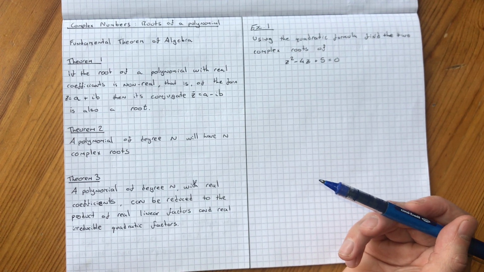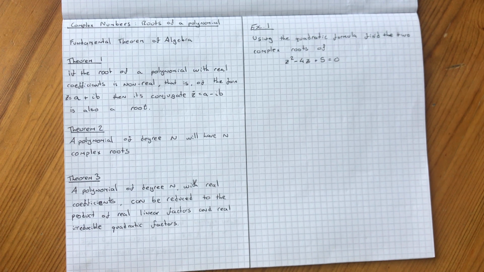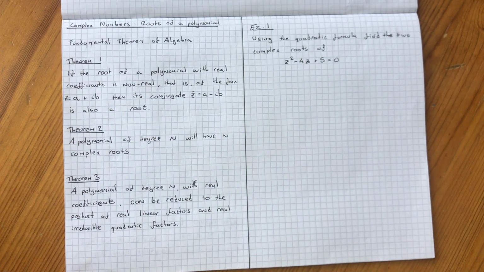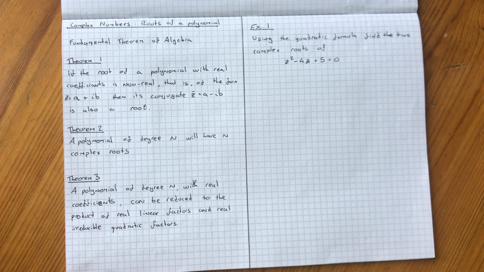What that really just allows us to do is, using our knowledge of polynomials and quadratics, we can simplify the polynomial to its factors that are real, and then from the irreducible quadratic factors we can solve for the complex roots. So the three of them together allow us to solve polynomials for all roots.